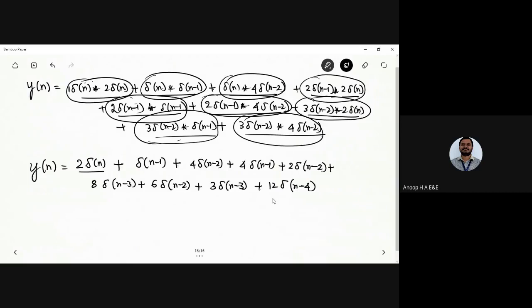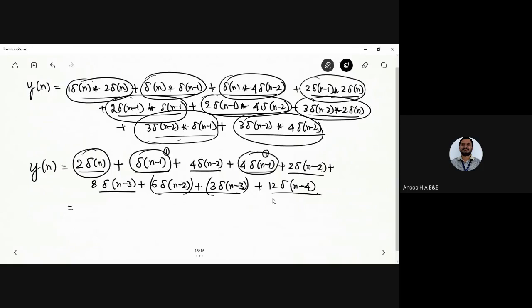If you look at the sequence here, you have the delta of n term present here, and the delta of n minus 1 term, which is the first term, and it is also present here.